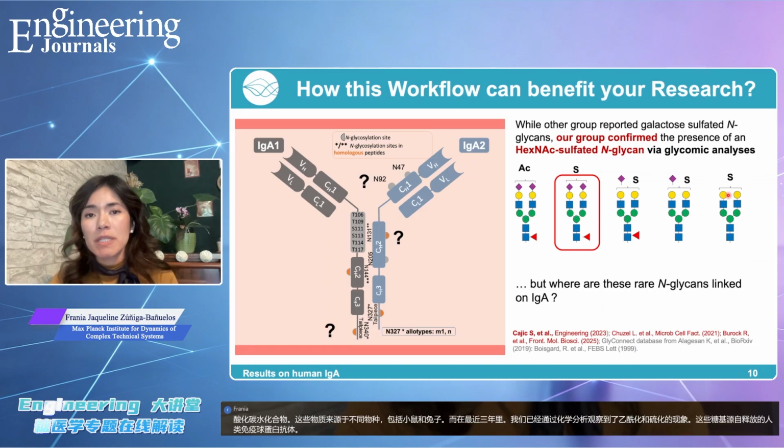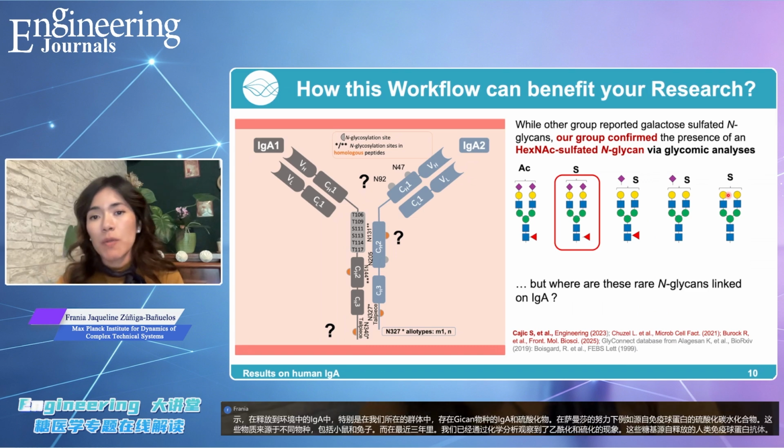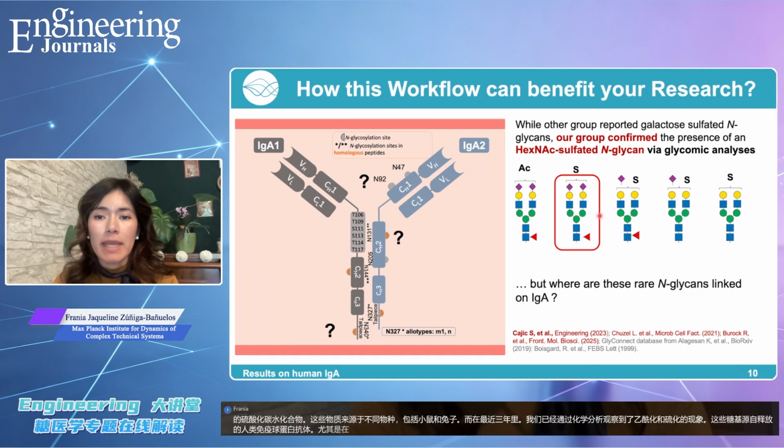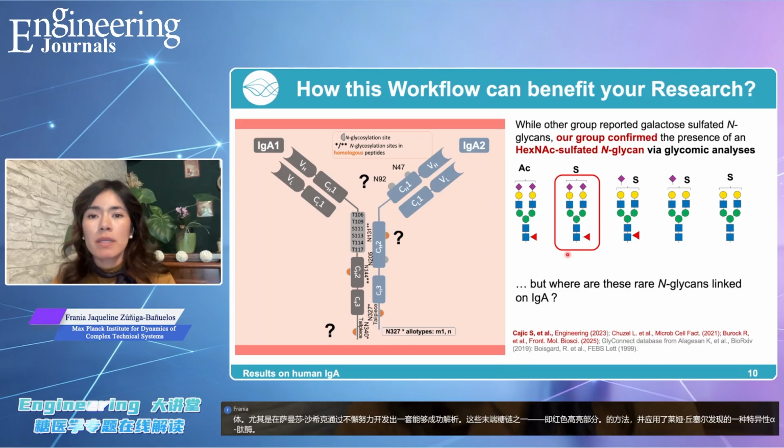Especially our group, through the effort of Samantha Chahik, developed a glycomic workflow that successfully characterized one of these N-glycans, the one highlighted in red, and with the use of a specific sulfatase discovered by Lea Chusel, they could confirm that human IgA actually has HexNAc sulfated N-glycans.